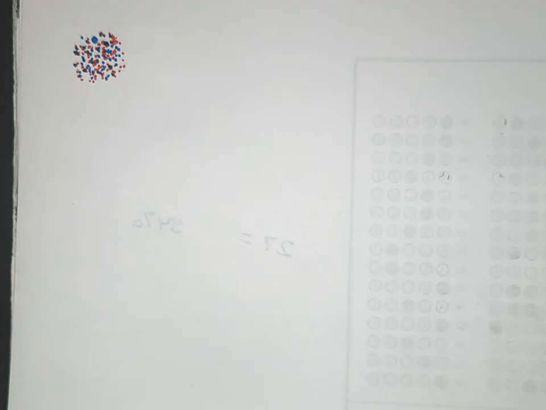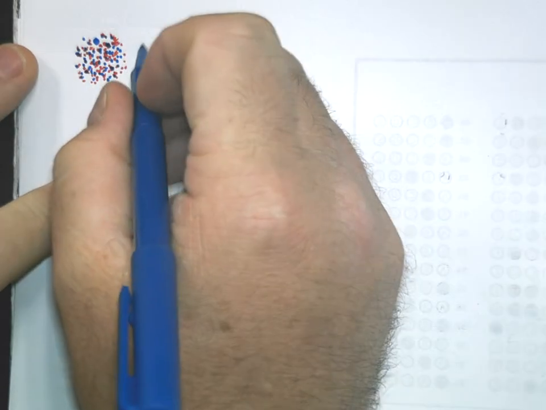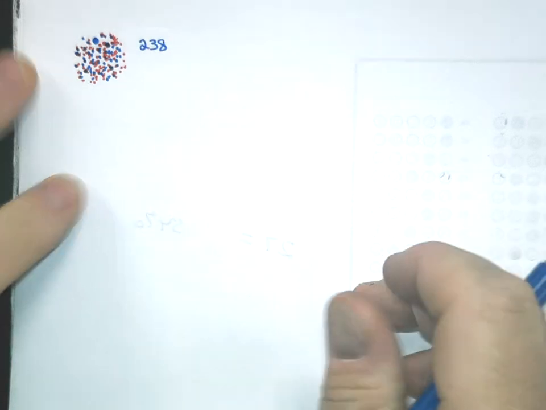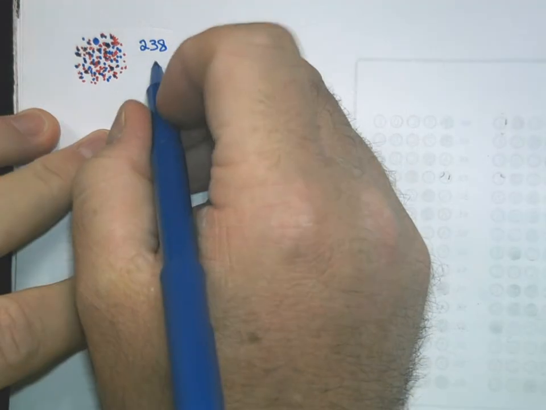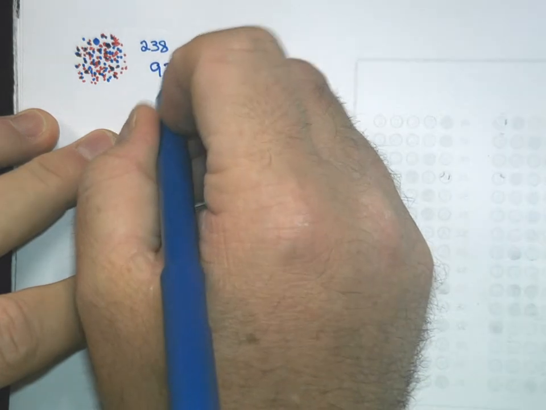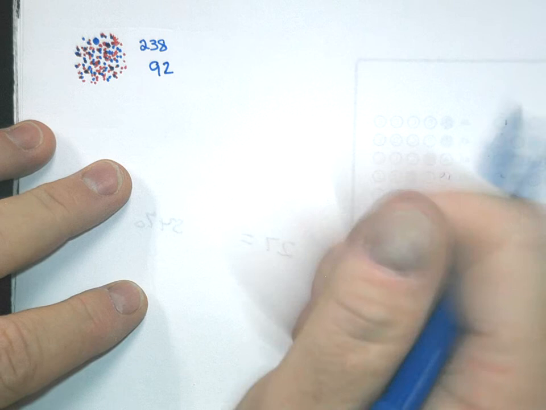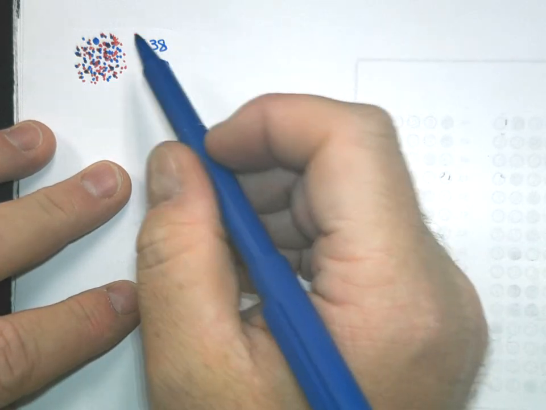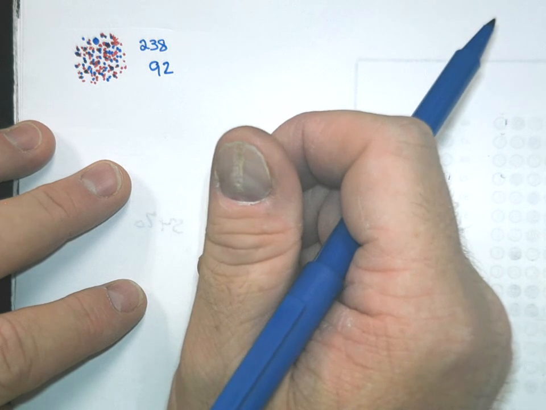What we've created here is a nucleus of uranium. It is uranium-238. If it is uranium, it has an atomic number of 92, which means there would be 146 neutrons. If you count all the reds, there's 146. For real. No, I'm kidding.